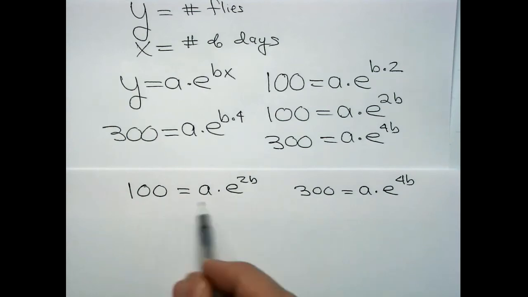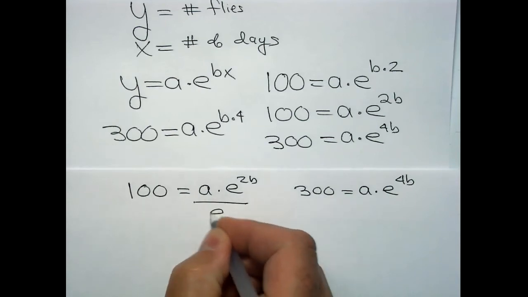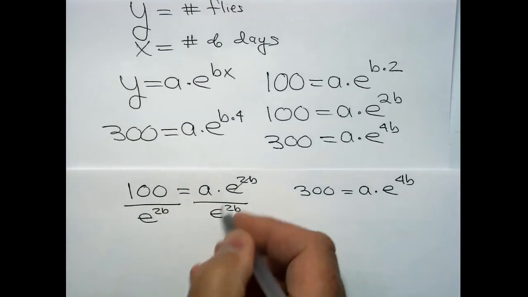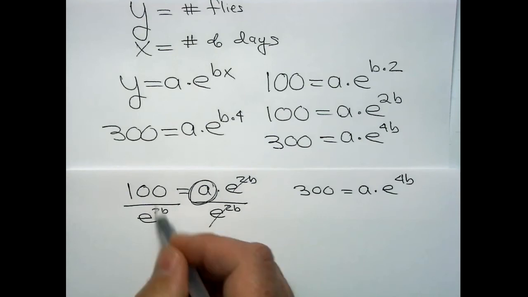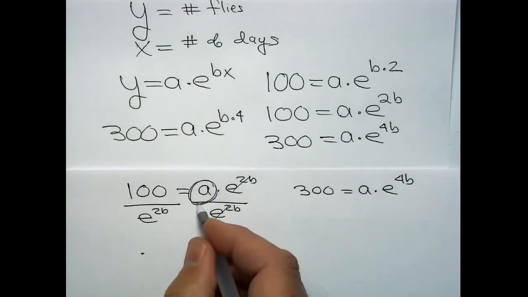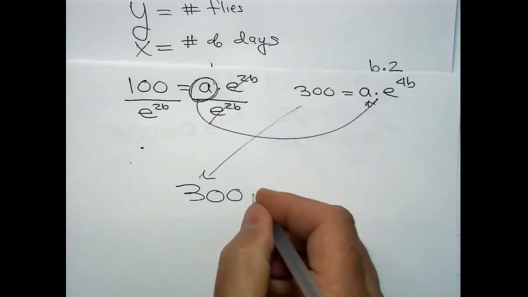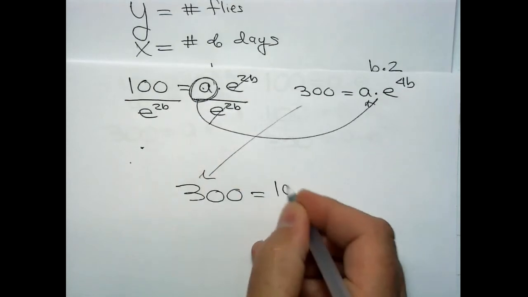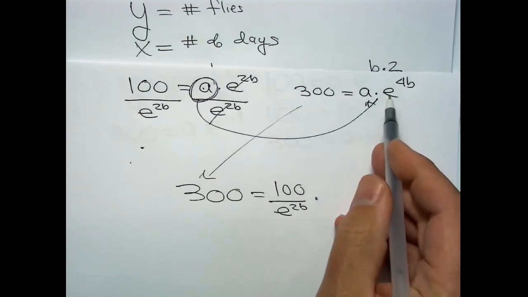Can't really do that and find both A and B. However, we could solve for A in terms of B. So wherever you see an A, replace it with 100 over e to the 2b. Okay, let's do that right here. So now this equation becomes 300 is equal to A, well, our new version of A, which is right here, multiplied by e to the 4b.